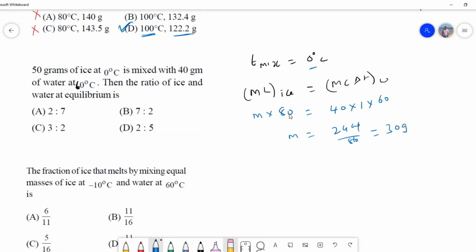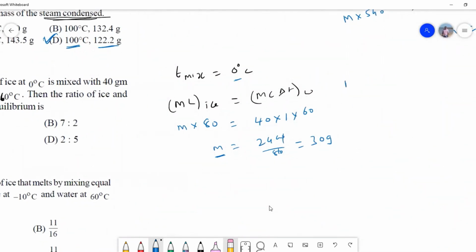So 30 grams. So that means how many grams of ice melted? 30 out of 50. So what is the mass of ice left? Mass of ice left is equal to 20 grams. And what is the mass of water present now?